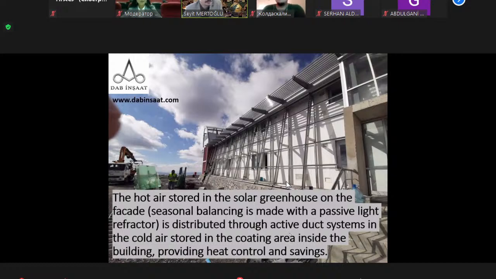The hot air stored in the solar greenhouse on the facade is distributed through active duct systems to the cold air stored in the coating area inside the building, providing heat control and savings.